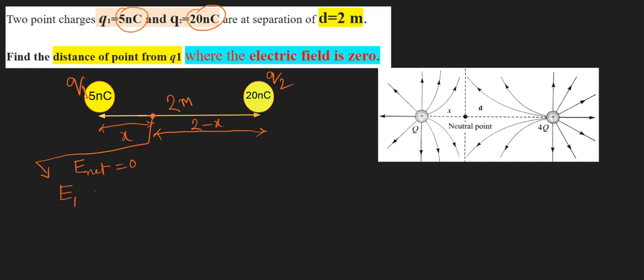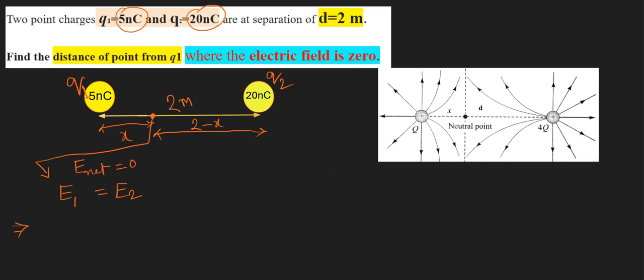Or we could write down E1 equals E2. E1 is the electric field due to Q1 and E2 is the electric field due to Q2.